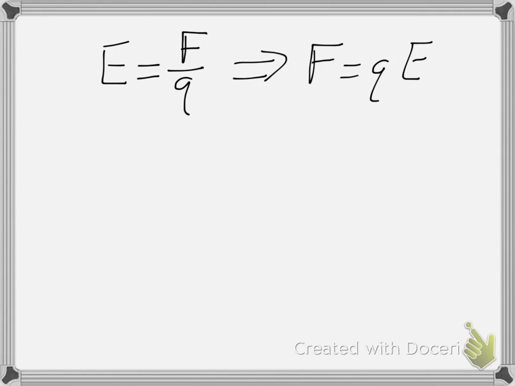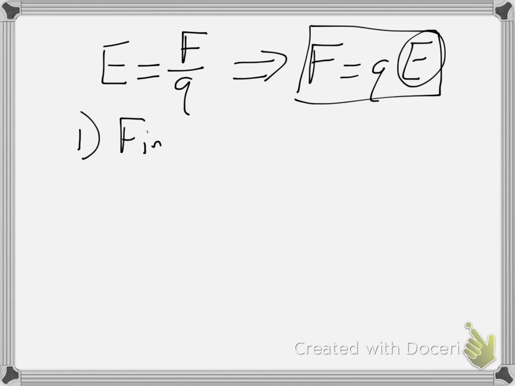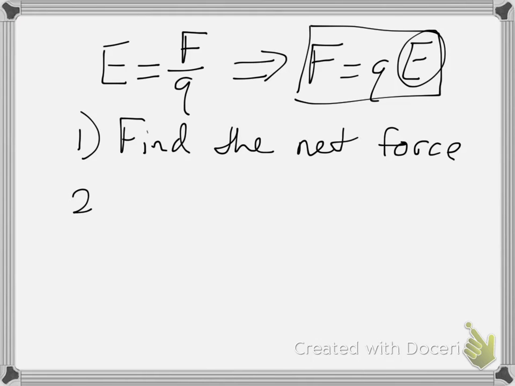This is a second way to write Coulomb's Law, only in terms of the electric field instead of all of the K Q1 Q2 over R squared business. And so this means our step one, we need to find the net force, and then step two, use the above formula.